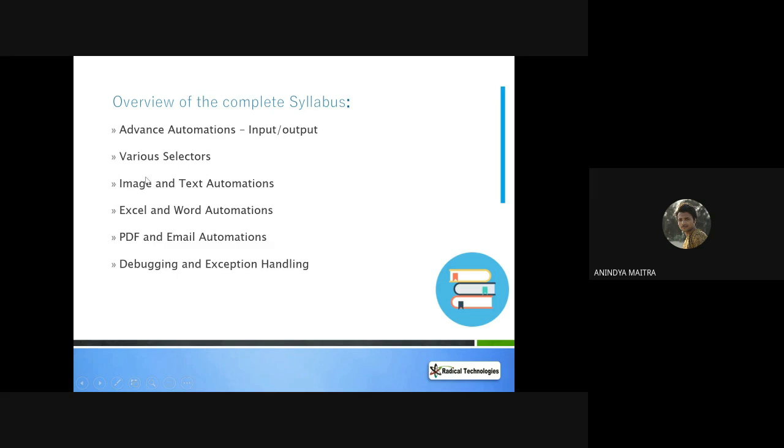So definitely you need to learn Excel a bit more, how to deal with Excel's different functionalities, and how the robot thinks about Excel and Word. That's important. Then PDF and email automations: how to read or deal with PDF files which are non-editable, and email automations: how to read emails, send emails, and do so many things.